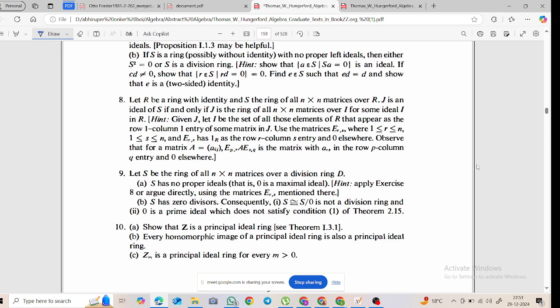Let R be a ring with identity, and M_n(R) is the ring of n cross n matrices over R. J is an ideal of S if and only if J is the ring of all n cross n matrices over I, where I is some ideal in R. Understand? So they are saying that every ideal J of M_n(R) is of the form M_n(I), where I is an ideal in R.